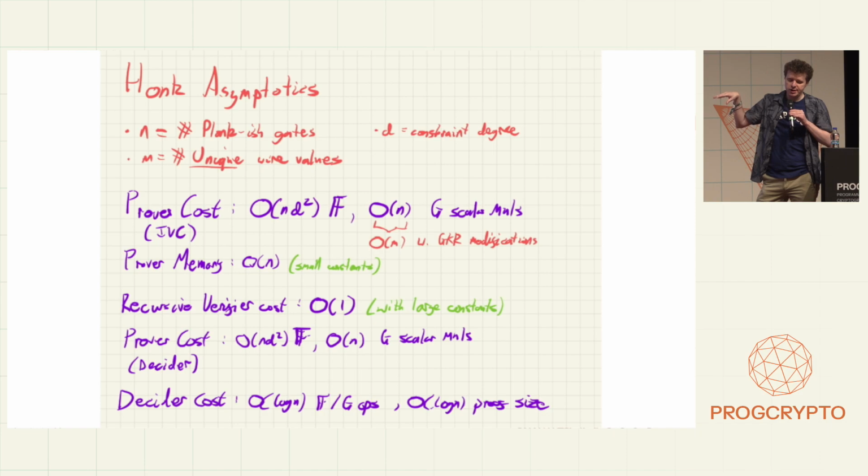The idea is, in Aztec, we have this concept of a kernel circuit, inherited very much from the Zexe paper. Let me just slightly talk about the architecture. We have a concept of a function call stack in Aztec. Your kernel circuit has an input function call stack and an output function call stack.